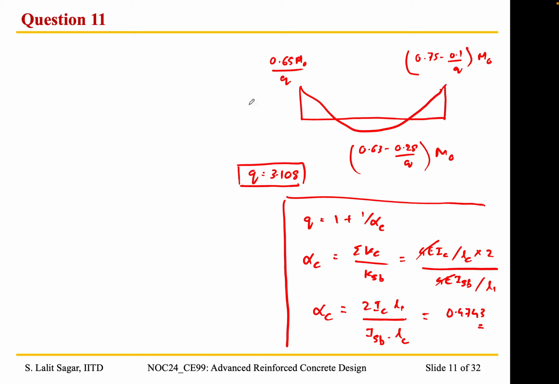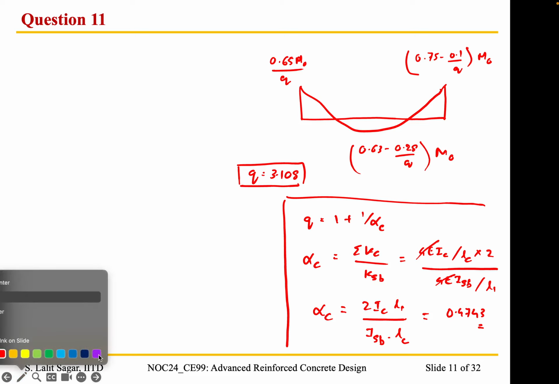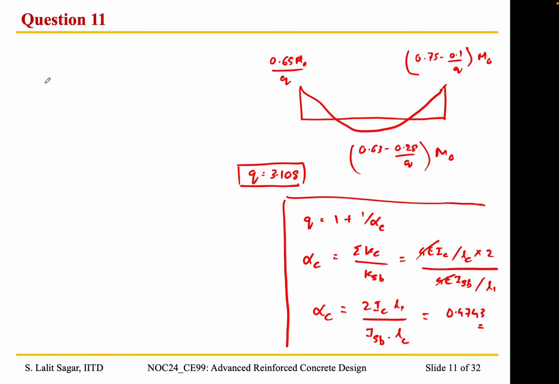So we'll just plug it over here, and you can simply call it as M1, M2 and M3. Let's start solving.